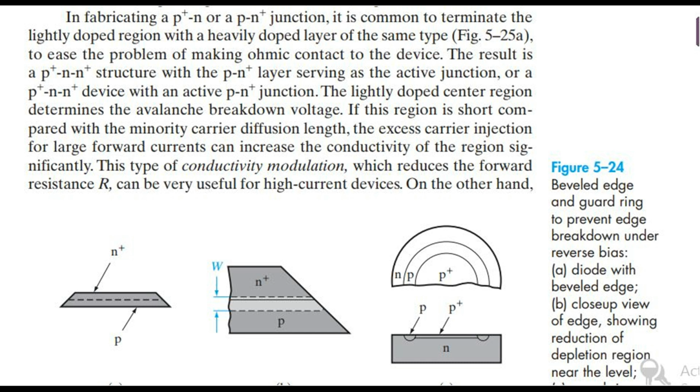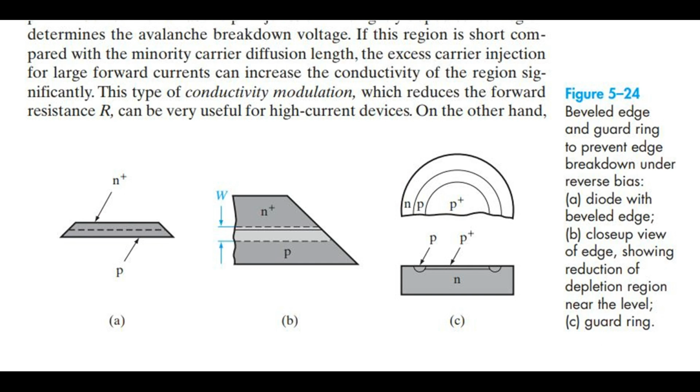On the other hand, a short, lightly doped center region can also lead to punch-through under reverse bias, as in Fig. 5-25c. Figure 5-24: Beveled edge and guard ring to prevent edge breakdown under reverse bias. A, diode with beveled edge. B, close-up view of edge, showing reduction of depletion region near the bevel.